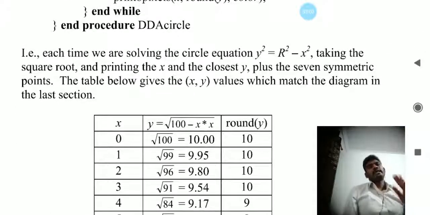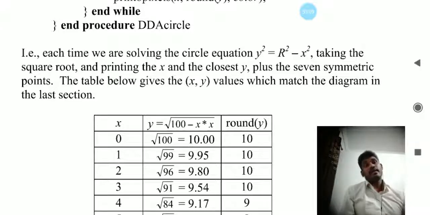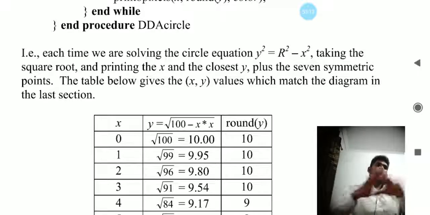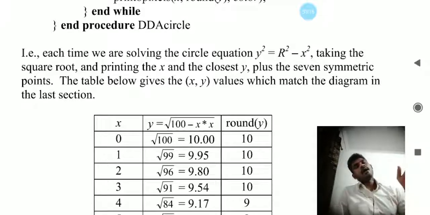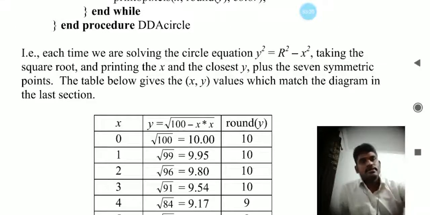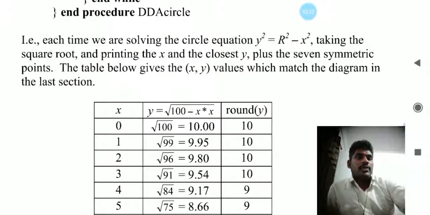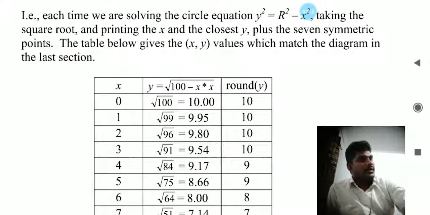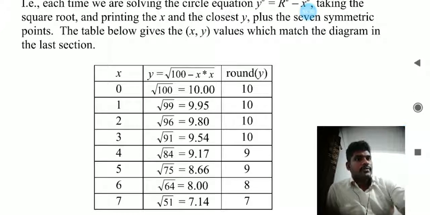Then when will it stop? When the x value becomes greater than y, then automatically it will stop. So till the x value is less than y, x will be increased. 0, 10 is the initial value. So 0 is less than 10, then x will be increased: 1, 10. Then 1 is less than 10, x value increases: 2, 10.